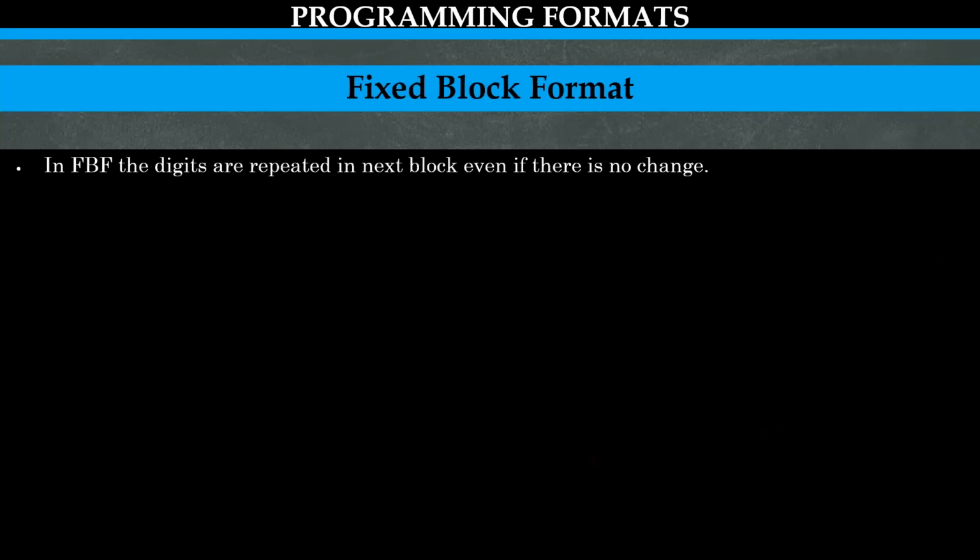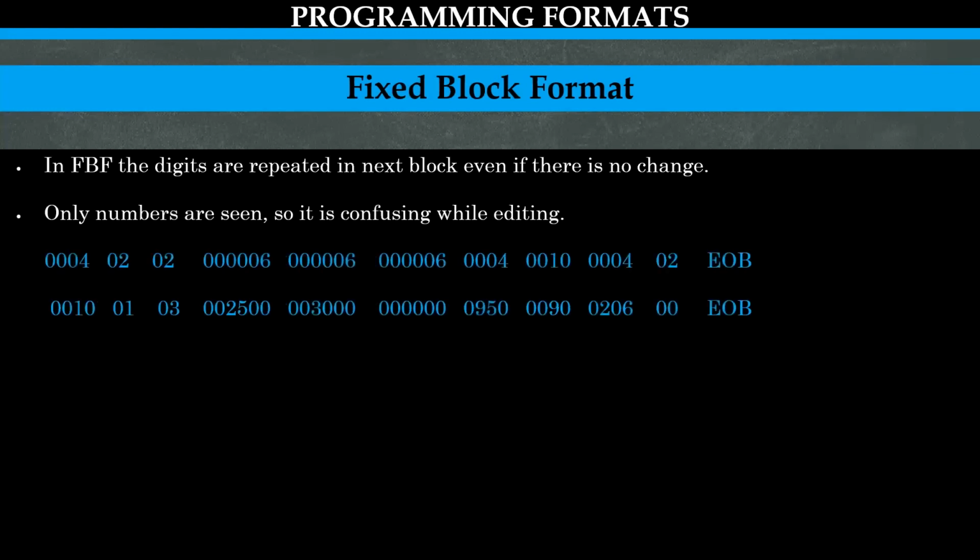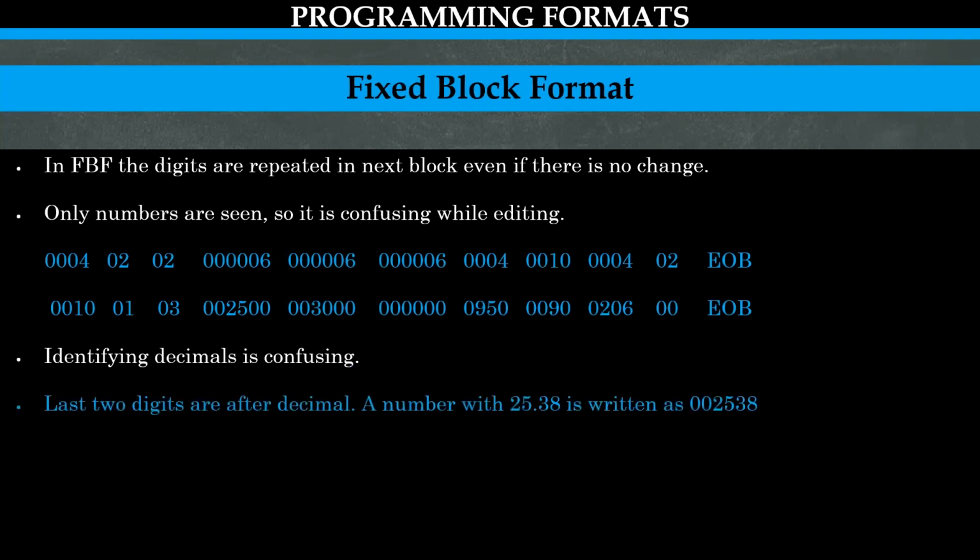So finally, in a fixed block format, the digits are repeated in the next block even if there is no change. Only numbers are seen in the program, so it is confusing while editing. Identifying the decimal is again confusing in the fixed block format.